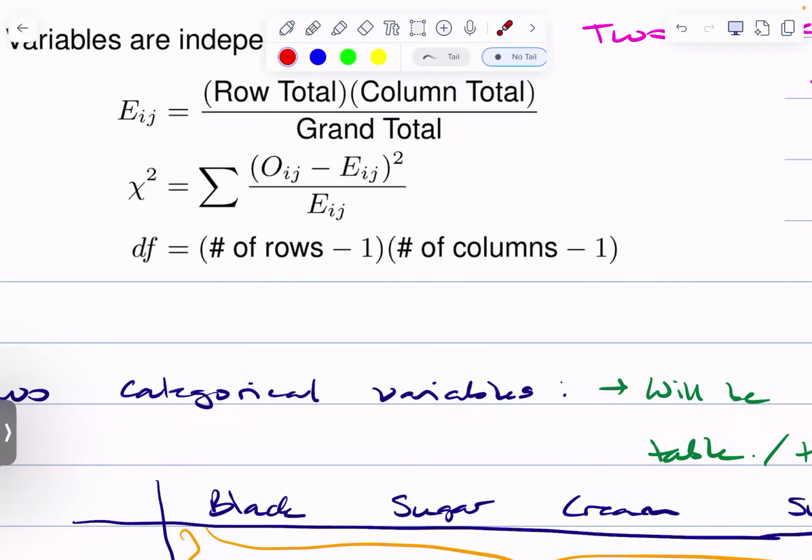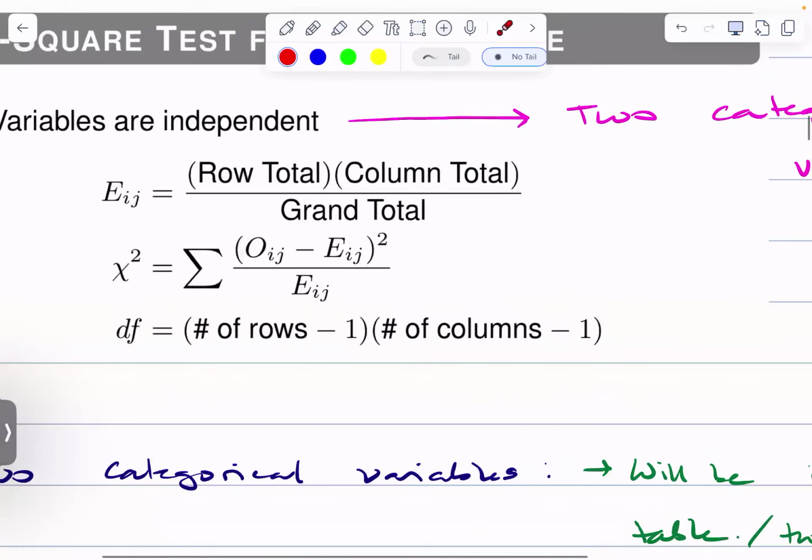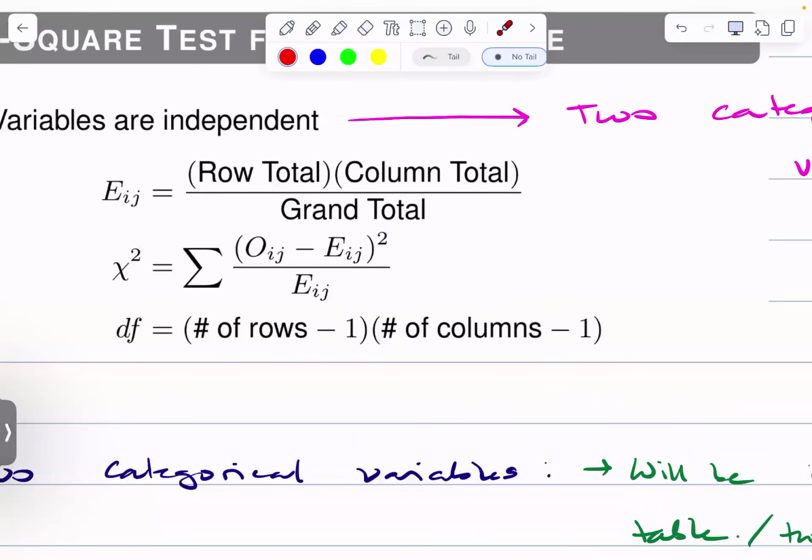It's just how we find the expected count is a little bit more elaborate, but also, in my opinion, a little bit easier than the goodness of fit test, because it's just going to be the row total times the column total divided by the overall total for each of those cells. And we'll look at an example, because if I have to make up numbers, it'll take me forever.